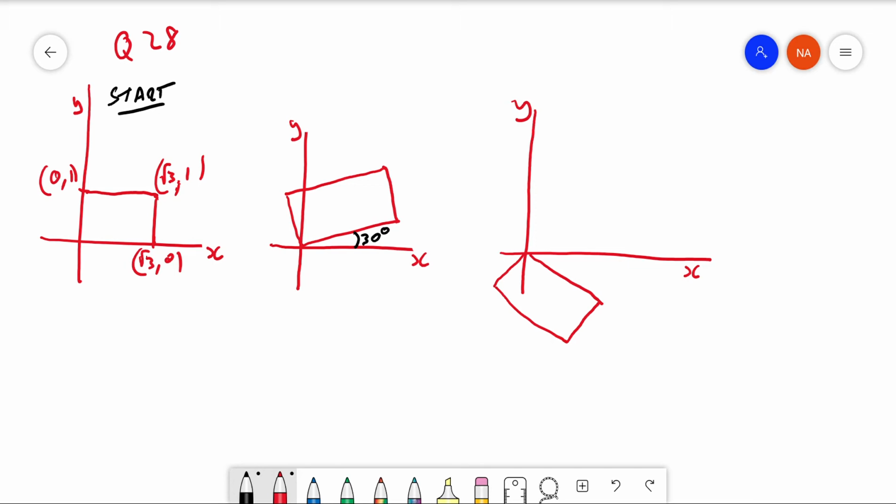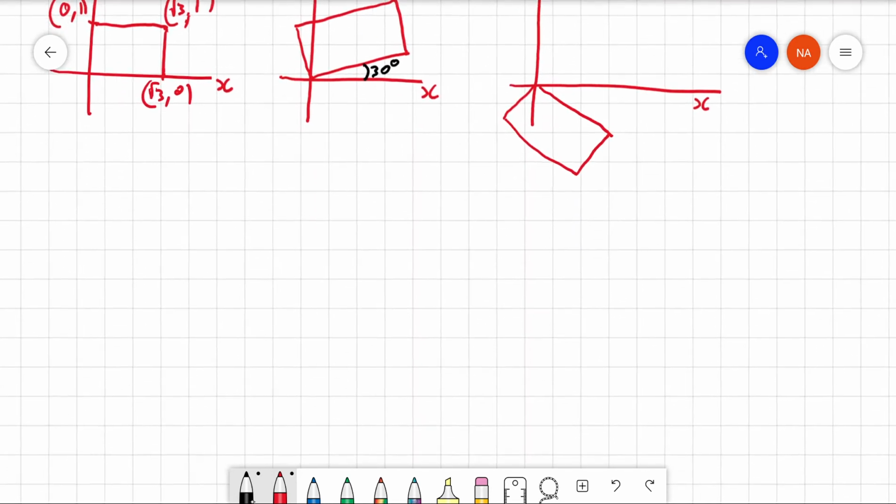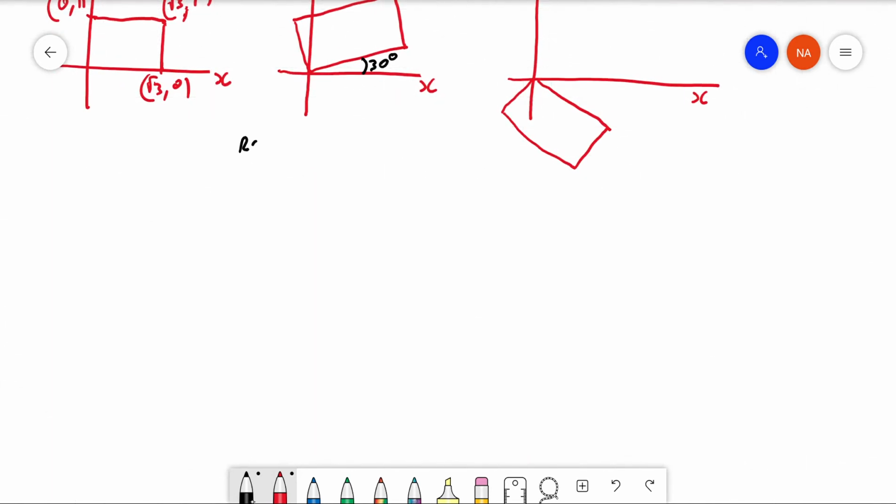So first of all, I'm doing a rotation through 30 degrees. Okay, so let me do the two things. Firstly, we've got a rotation, 30 degrees. And we have a little matrix that does that. You can look it up.